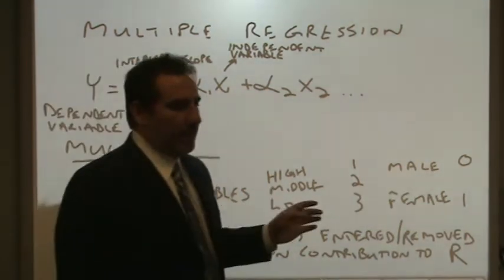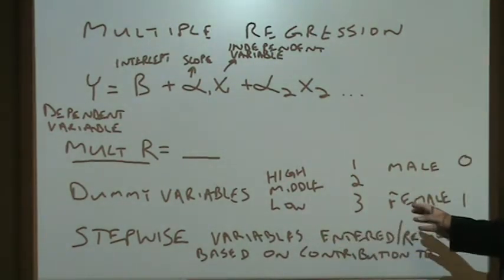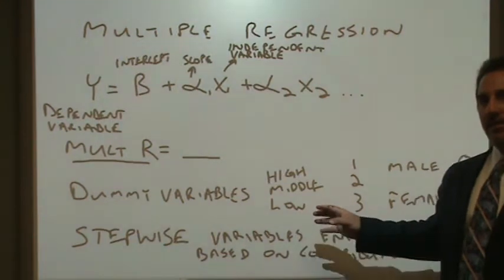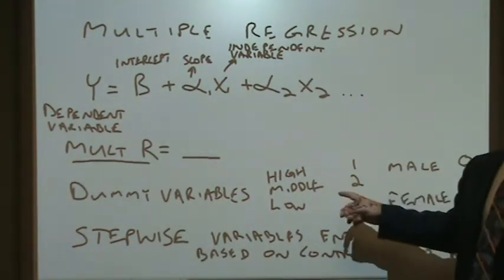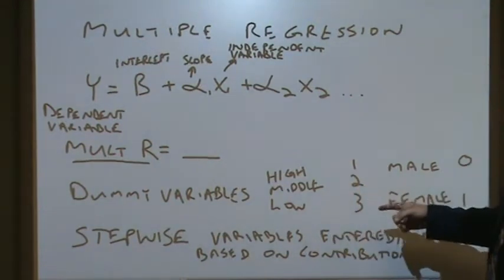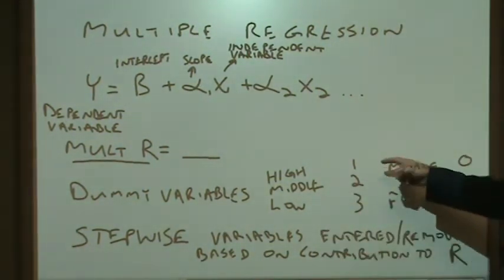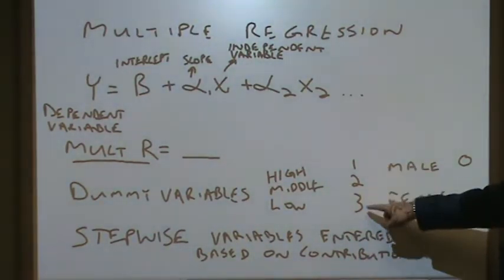Very often, when you're running a multiple regression equation, you're going to use dummy variables. And that entails assigning nominal data a number. For example, socioeconomic status. You might take people who are high, middle, and low class and give them numbers.